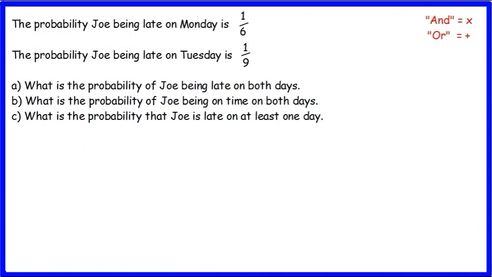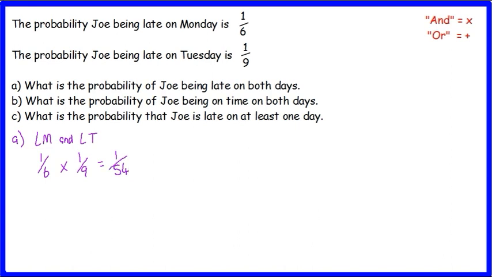Now let's just do one with fractions. The probability of Joe being late on Monday is 1/6 and Joe being late on Tuesday is 1/9. What is the probability of Joe being late on both days? So it's going to be late and late. So A, again, I'll do it like this. Late on Monday and late on Tuesday is 1/6 times 1/9, which is 1/54.